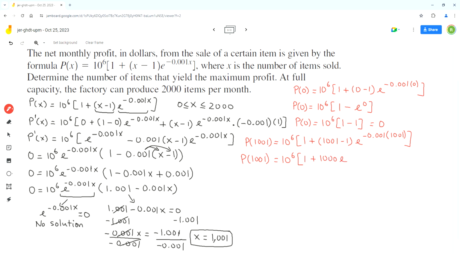Now the exponent of e changes to negative 1.001, so we multiply negative 0.001 by 1001.